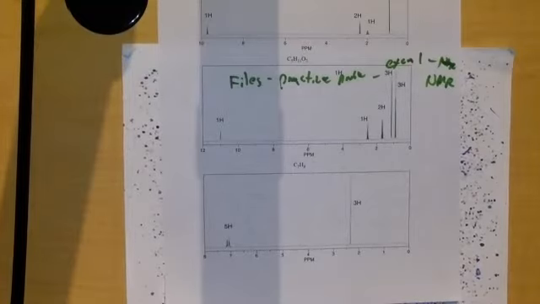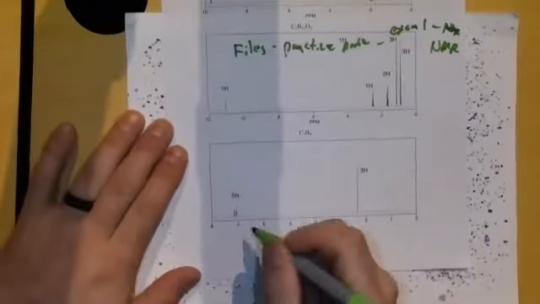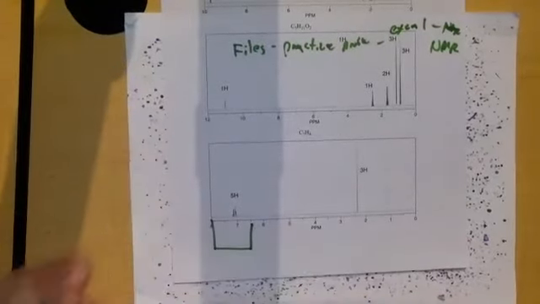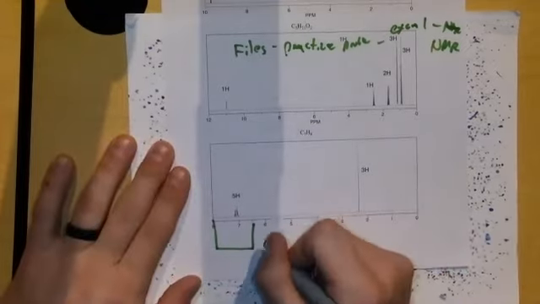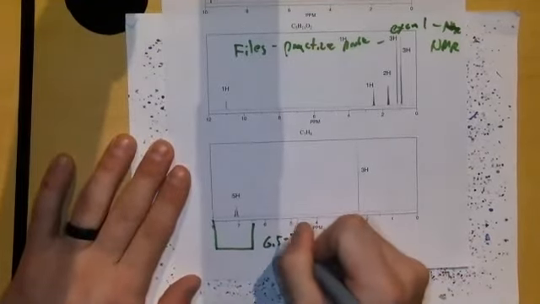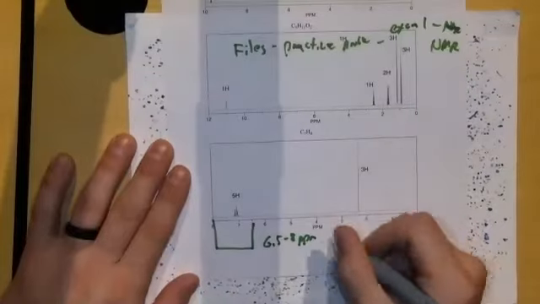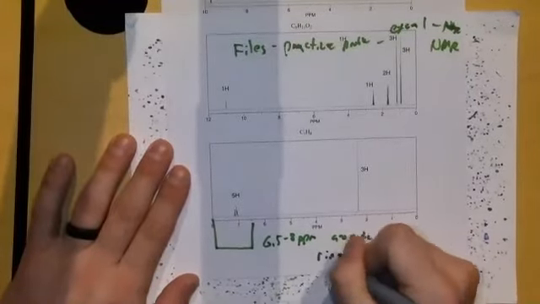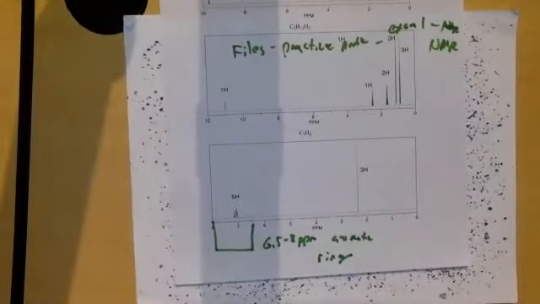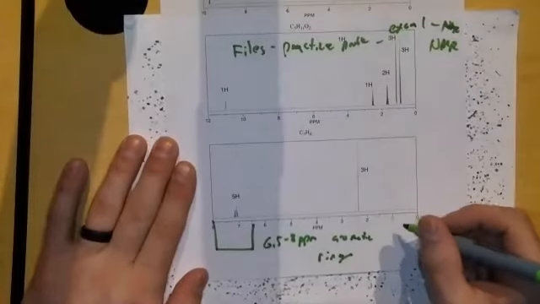So anything from 6.5 to 8 is going to be an aromatic ring. And for this class, that's going to be benzene.